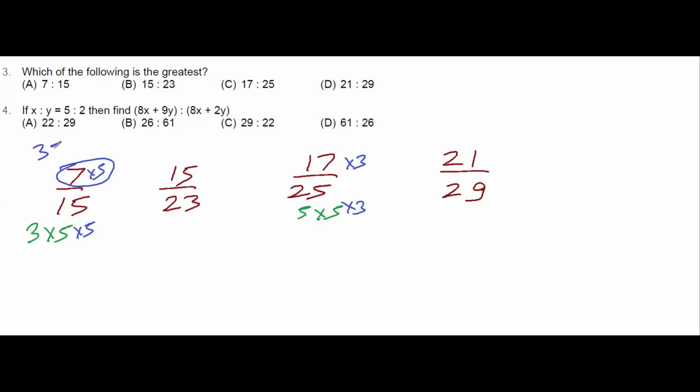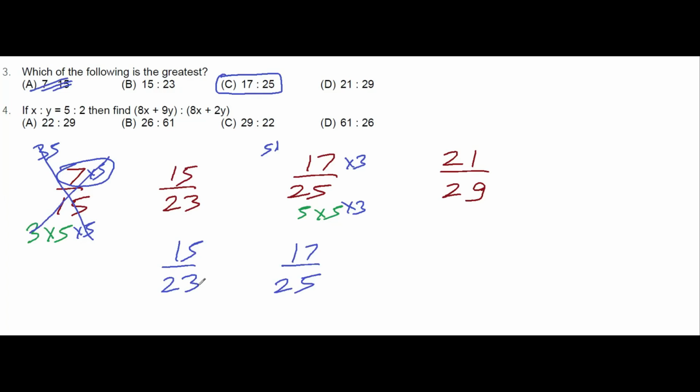This I will get as 35, and this 17. Okay, one minute. This 17 into 3, 7 3s are 21, 2 1, I am getting 51. So this is greater than the other, so I will not consider it, since this is the greater. Now I will compare this with any of the other numbers. So let me compare these two numbers. Okay, this is ignored because this is not greatest. Now I'm going to compare 15 and 23 and 17 and 25.